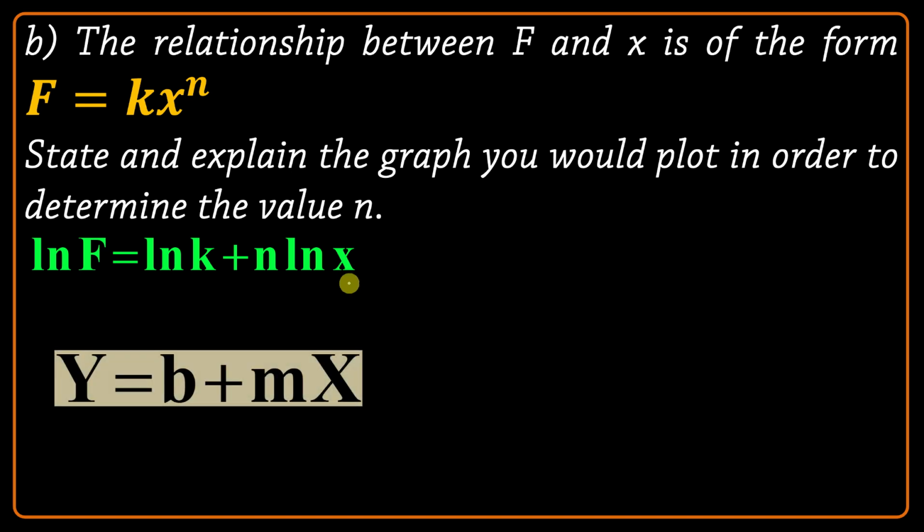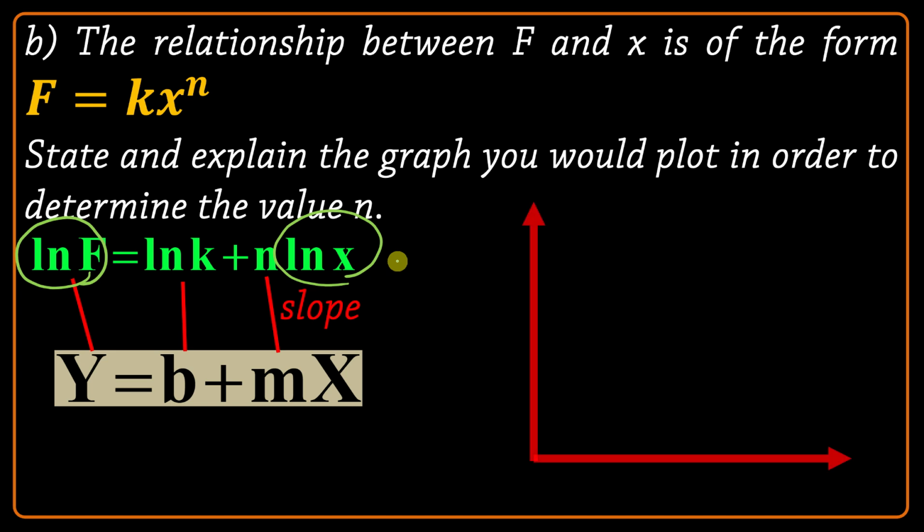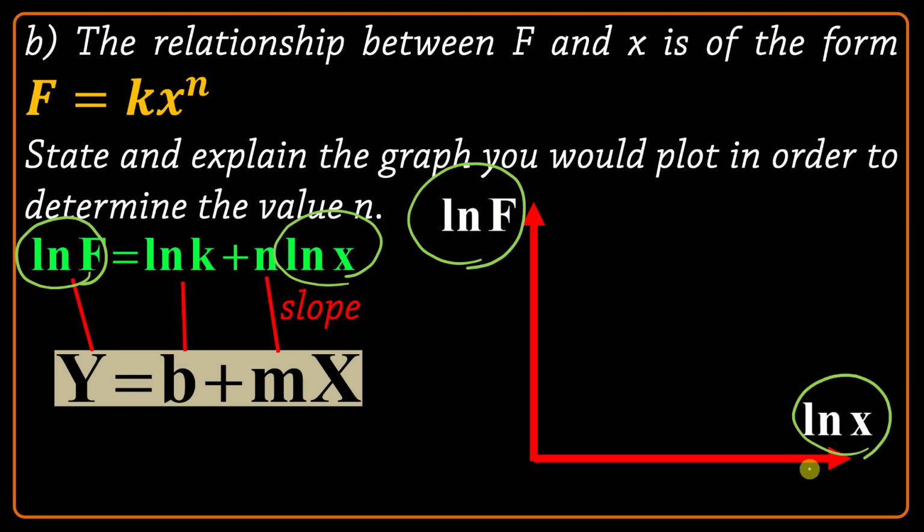Here I make an analogy. Natural logarithm of f could be my new variable, capital Y. B is the constant, the vertical intercept, and n is the slope of that line. Ln of x is my new variable, capital X. So here I will plot natural logarithm of f versus natural logarithm of x.